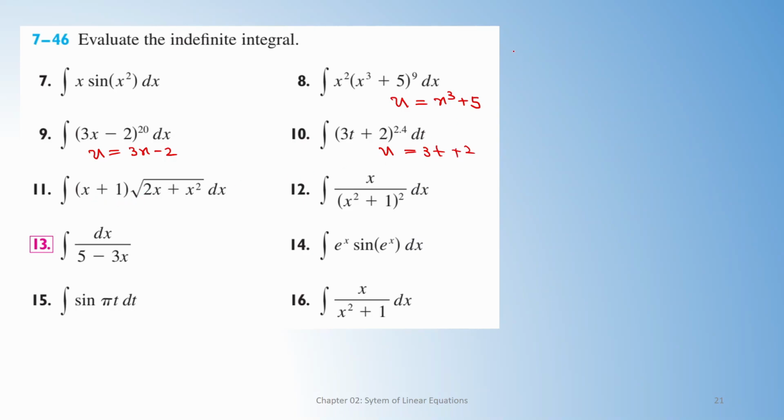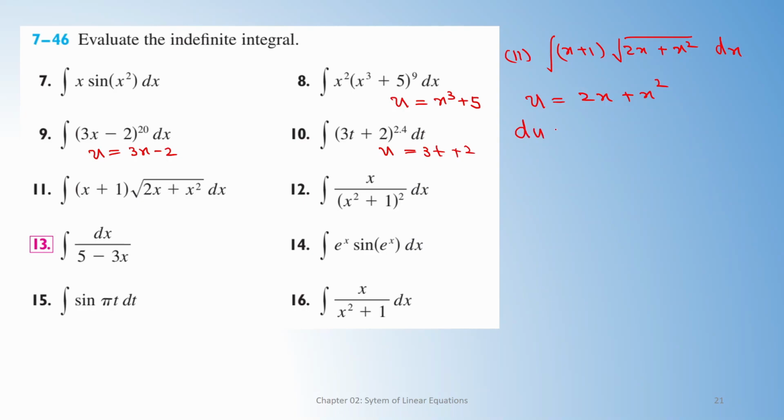Question number 11. We have x plus 1 times the square root of 2x plus x squared, dx. Now it is hard to deal with the inside of the square root. So therefore I replace u as 2x plus x squared. Now it is a bit different.